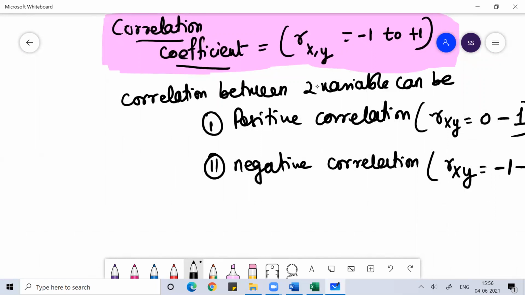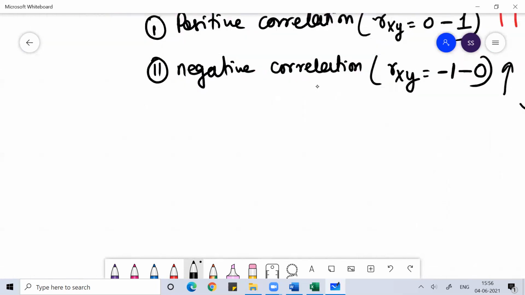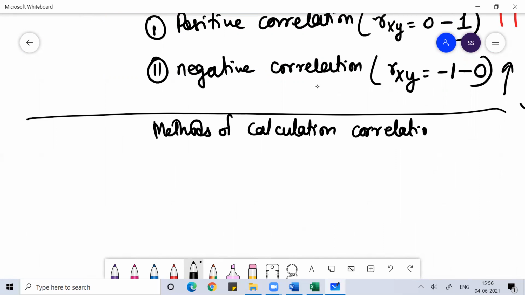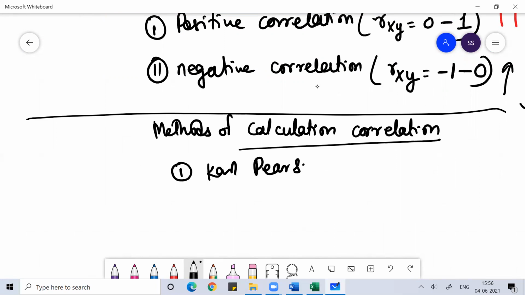So the formula you need to remember here for calculating the correlation, the methods of calculating correlation, different methods are there to measure the correlation. You can study the Karl Pearson correlation coefficient formula, correlation coefficient method.